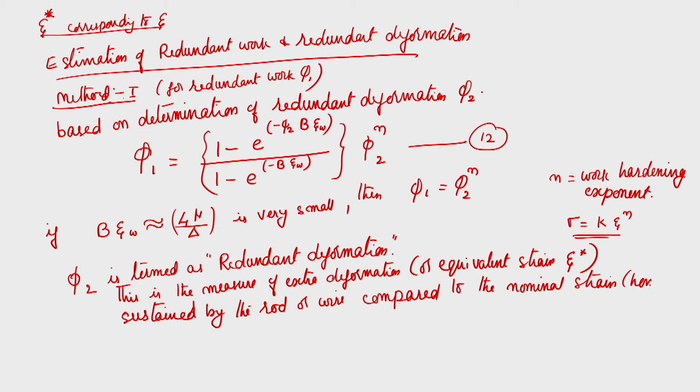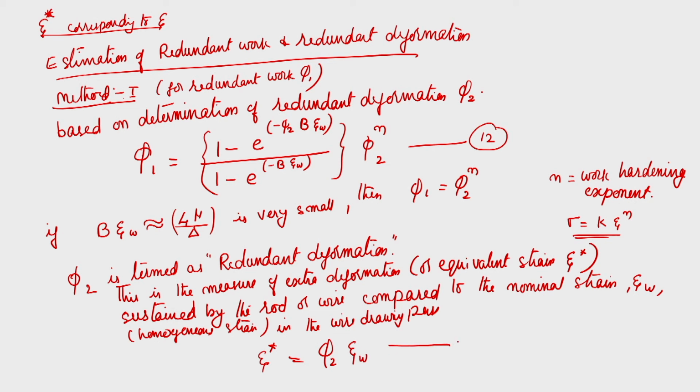That is homogeneous in the wire drawing pass. Here we can say epsilon W. So, that means you can define this epsilon star as nothing but phi 2 into epsilon W.